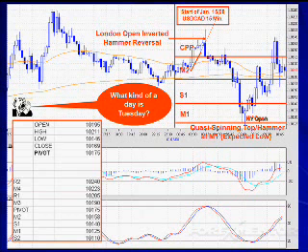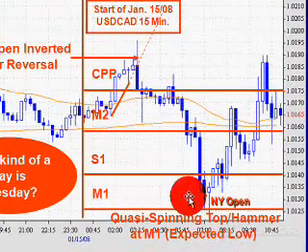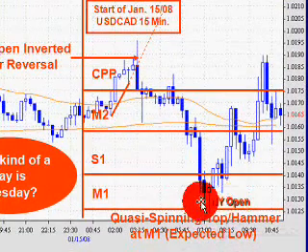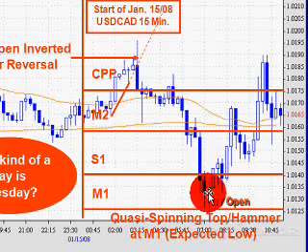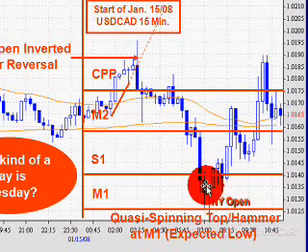Let's have a look at a practical example of a hammer. Here on this currency pair, the USD CAD pair, we have a quasi hammer right here at the New York Open. I say quasi hammer, actually back-to-back hammers, quasi hammers. They're quasi in that they have shadows or wicks on top of the hammer formation.